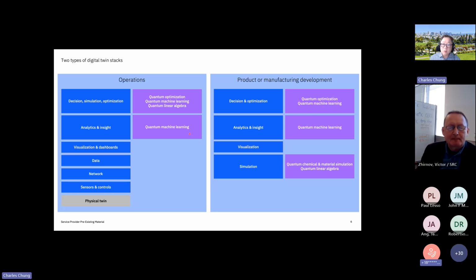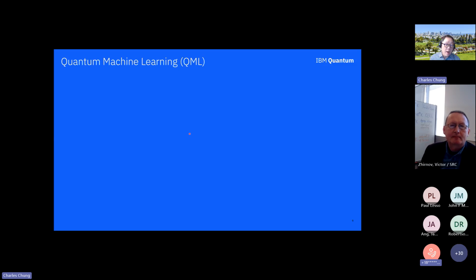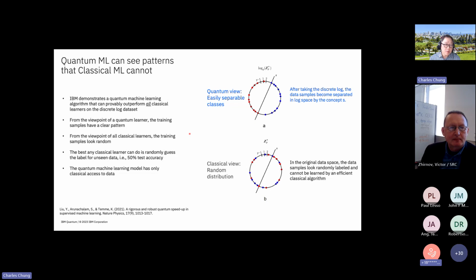All right, good. So let me start with quantum machine learning. What we know about quantum machine learning is that quantum machine learning models can see patterns in data that classical machine learning cannot. We published this paper back in 2021, and we demonstrated with a particular data set, the discrete log data set, which is important for cryptography applications, that a classical computer cannot see any pattern with this, and we're pretty confident on that because after decades of RSA encryption, nobody's figured out a pattern in the numbers.